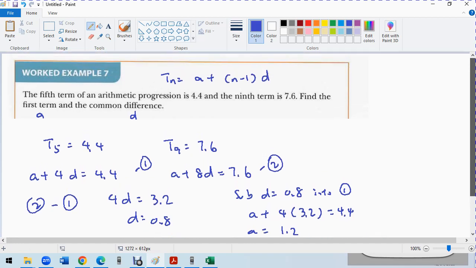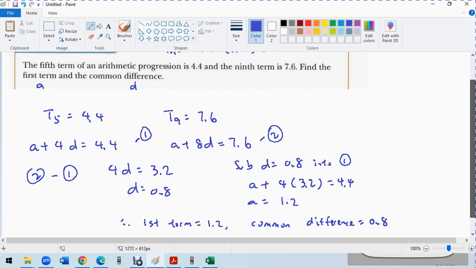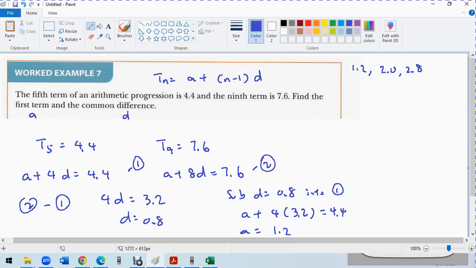Okay, first term, common difference. So we can check the answer. The first term is 1.2, then we plus 0.8: 2.0, 2.8, 3.6, 4.4. Yes, 4.4 is correct.